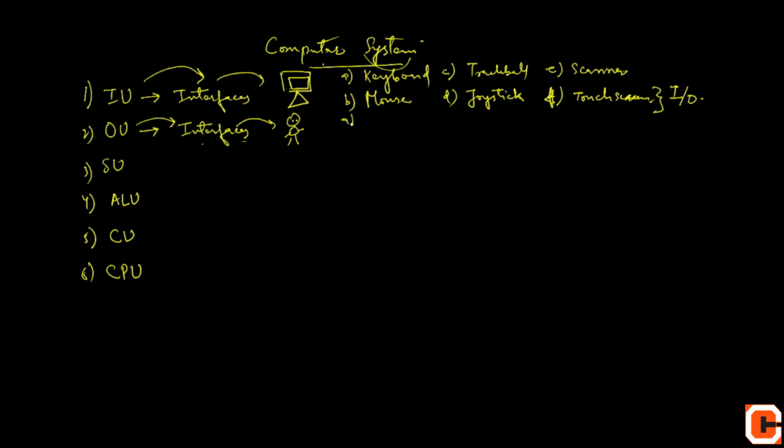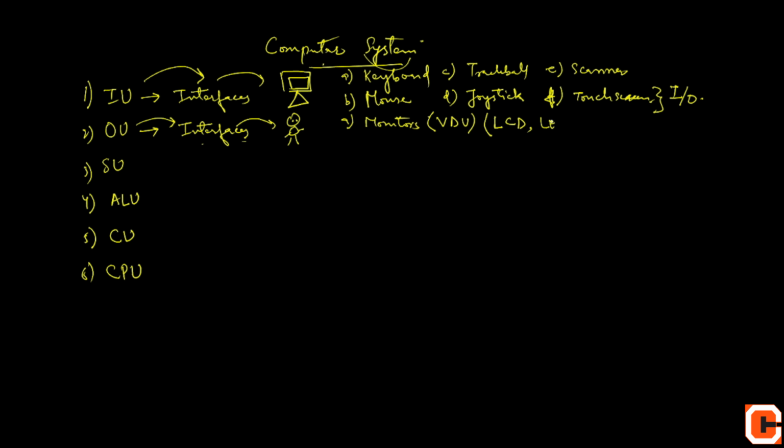There are many examples of output unit also. As we know, monitors. Let me tell you, monitors are also called video. You know what video means? Video means visual display unit. In the monitors we have many options like LCD, which is liquid crystal display.